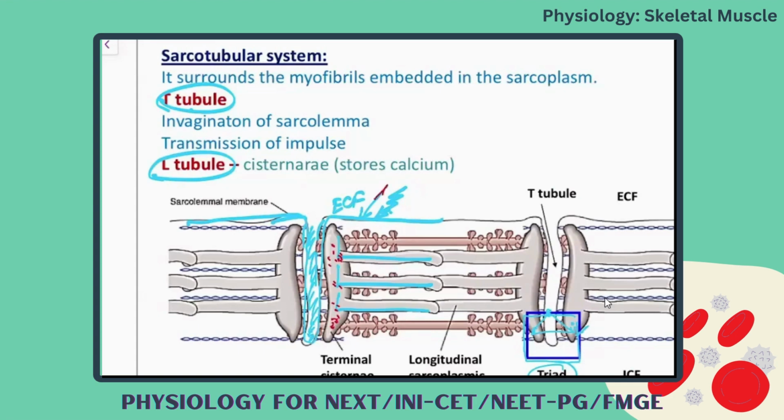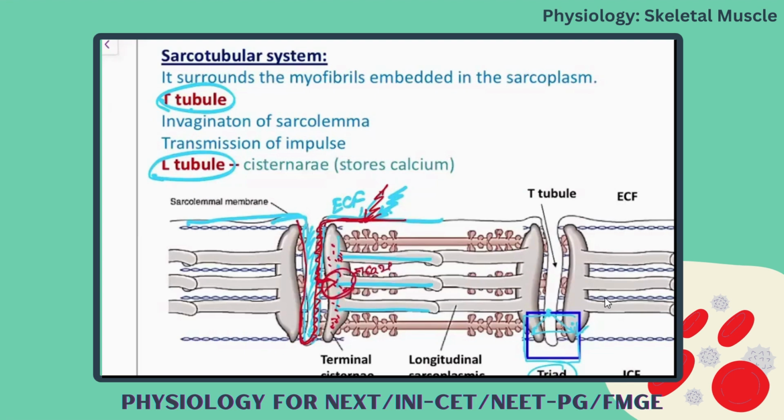Once the signal reaches the extracellular fluid, it will come and reach the membrane of the sarcomere. Since the membrane has the T-shaped invagination, the signal will also reach the T tubules' entire length, and the T tubules will give the signal to the L tubules, which have the calcium stores, and they release the calcium.